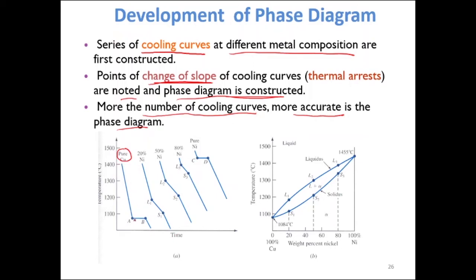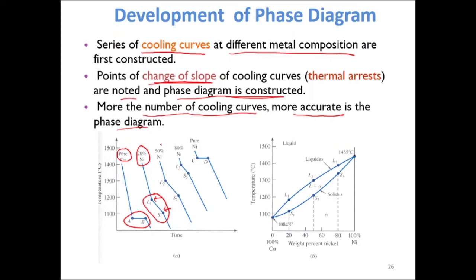For pure copper, we get a constant solidification temperature because it is a pure metal. After that, we add 20% of nickel into the pure copper, so it becomes 20% nickel and 80% copper. Over here we can see it produces a slope for the solidification process, starting at the L1 temperature and stopping at the S1 temperature.